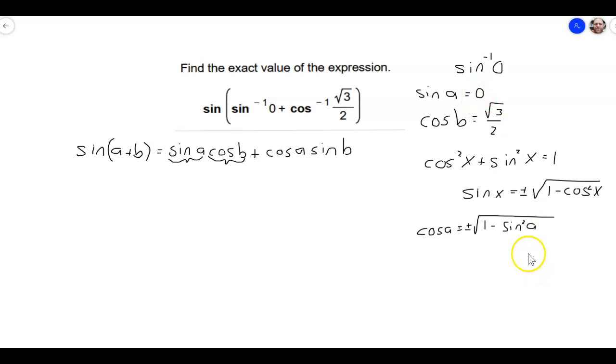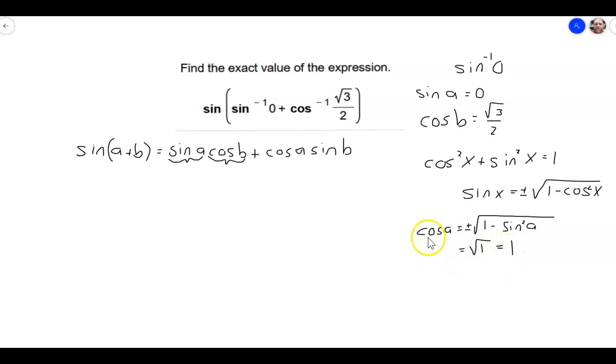It's just 0, so 0 squared is just 0. And everything's positive here, so this should be positive. So this is just equal to the square root of 1 minus 0, which is 1.